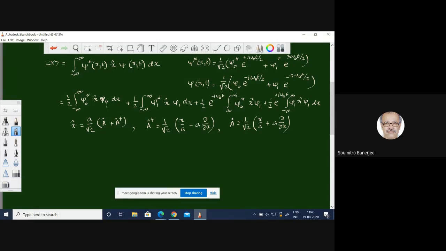Sorry, I wrote x naught, this should be psi. So a operating on psi naught gives 0. A dagger operating on psi naught gives psi 1, and you know that psi naught and psi 1, their overlap integral is 0. Therefore, the whole thing is 0. You see the advantage of this substitution. So this term becomes 0.